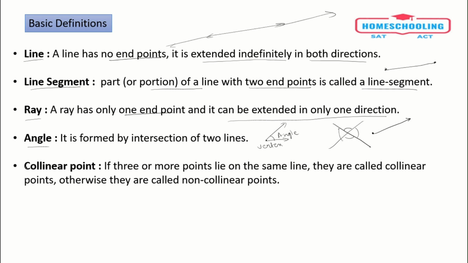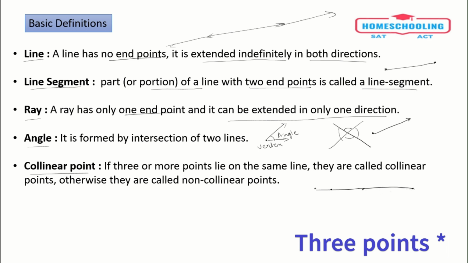Now what is a collinear point? Collinear points, when three or more points are connected by a single line, are called collinear points. So these are three points and they are connected by one line, then these 3 points are called collinear points.